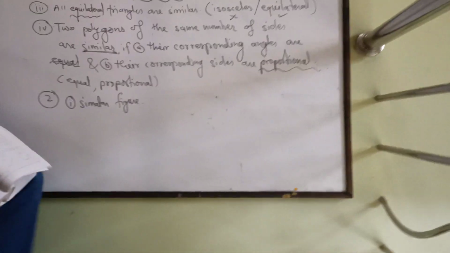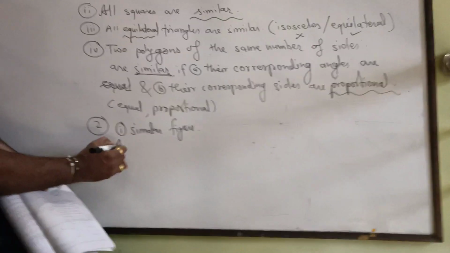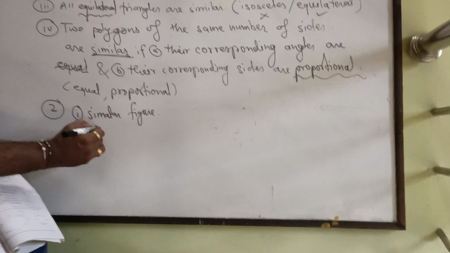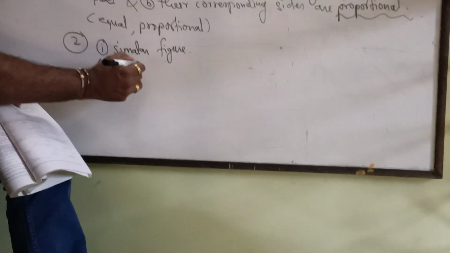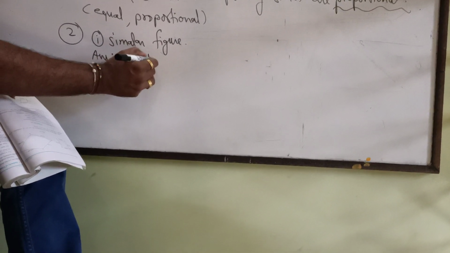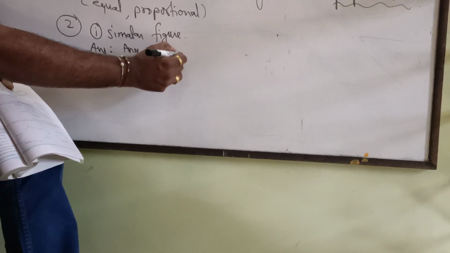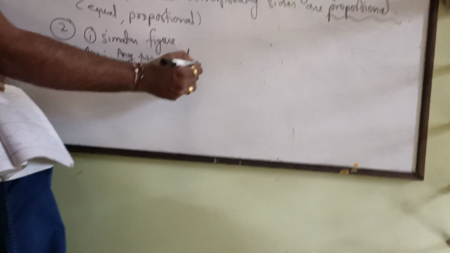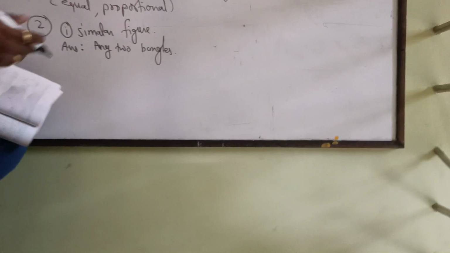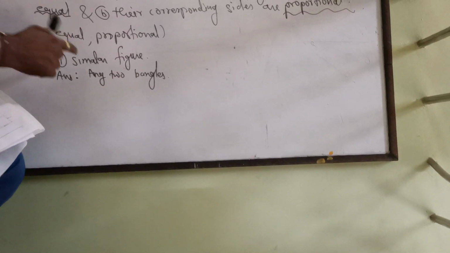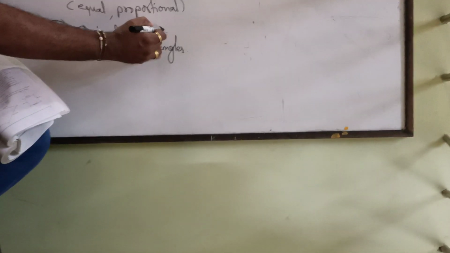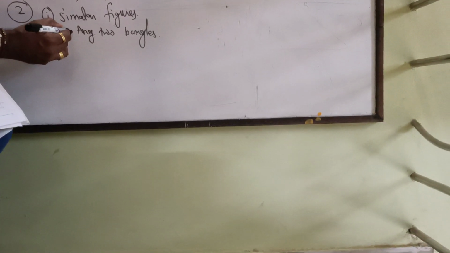Like circle. In the answer, you can write any two bangles. Of course, they are circular in shape. So any two bangles will be an example of similar figures. This is the first one.